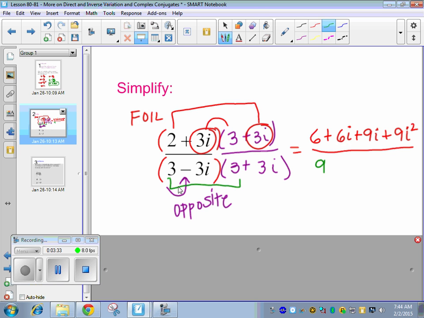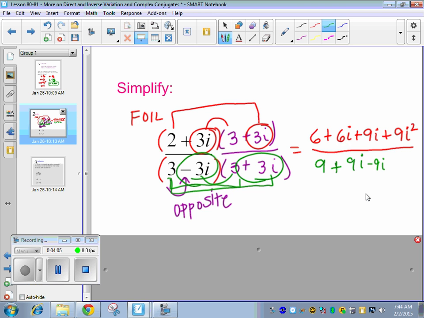9. What do I get for the outside? 3 times 3i, what do we get? Okay, thanks. And what do we get for the inside? Minus 9i. And what do I get for the last 2 terms? Minus 9i squared, right?